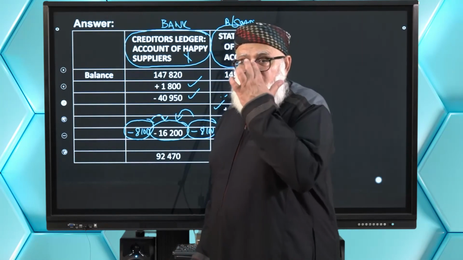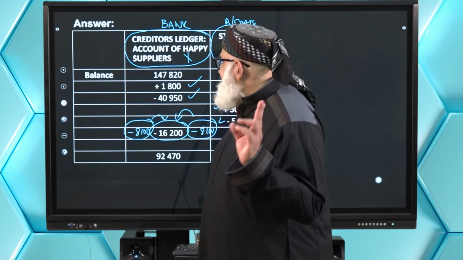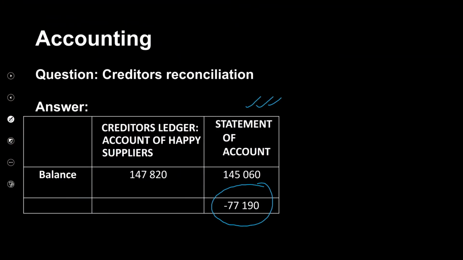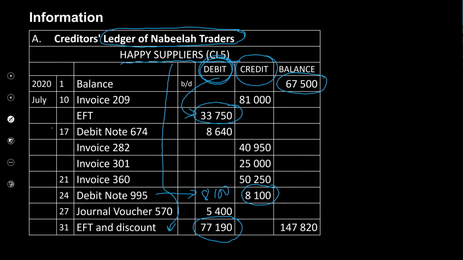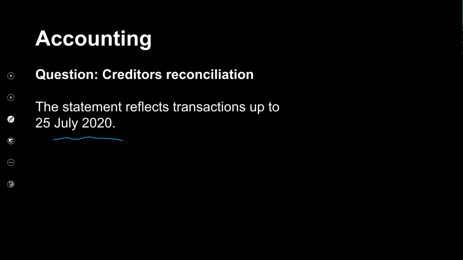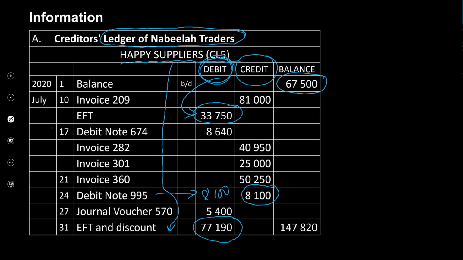And then finally, there was a transaction of the timing difference. Remember the timing difference? Let's go quickly to that one there. They said the statement reflected transactions up to the 25th of July only. Now if you do your comparison, look at our records. We had entered a transaction on the 31st of July where we paid and we received a discount, so there was an EFT payment of 77,190.